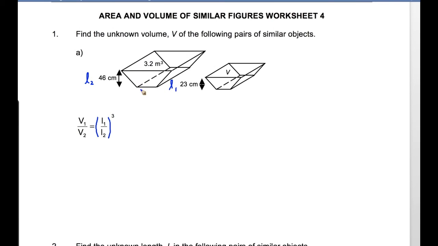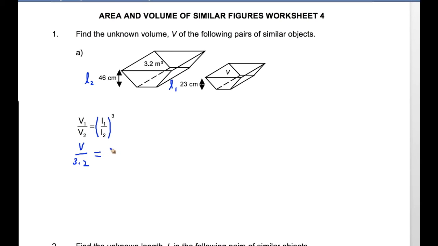In the first sum, we have two similar objects and we must find the volume of the smaller object. Since they are similar, the ratio of their volumes will be the ratio of the corresponding lengths cubed. In this case, the smaller volume is V and the larger volume is 3.2 meters cubed.